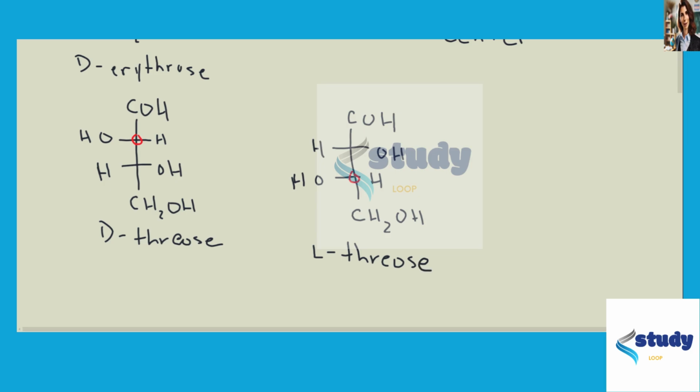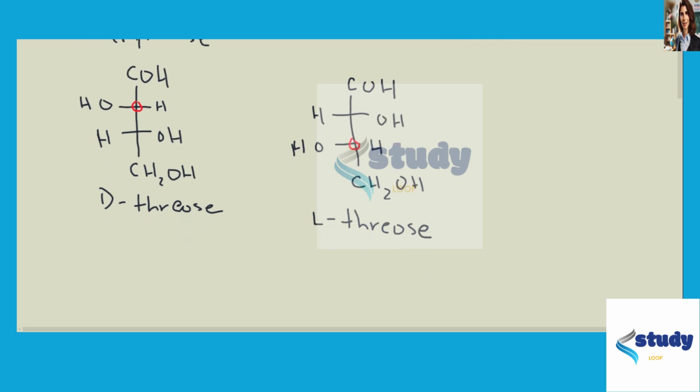Okay. So D-threose and L-threose are enantiomers. They are epimers of D-erythrose. So I'm just going to write that down for clarity.